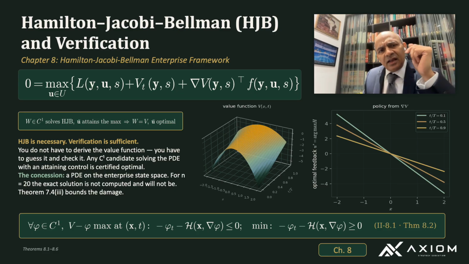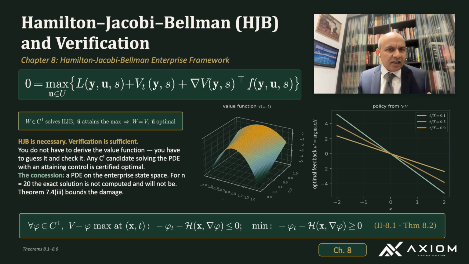Now, HJB is a PDE on the enterprise state space. For n equals 20, a modest enterprise declaration, grid-based solution is out of the question, and even modern deep BSDE methods are strained.